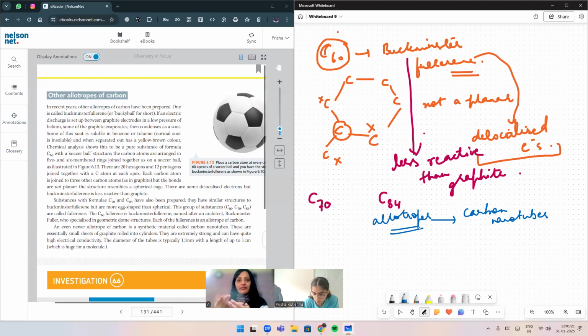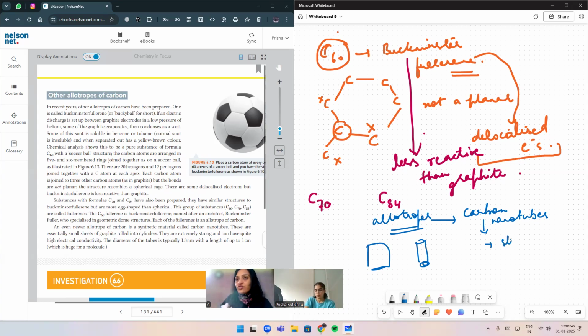Like for example, if I take a paper and I start rolling that, suppose this is a paper, if I roll this, it will become like this, right? So these are basically rolled cylinders of very thin graphite sheets. But the key point is they're very strong and they have exceptionally high electrical conductivity. So what advantages do they have?